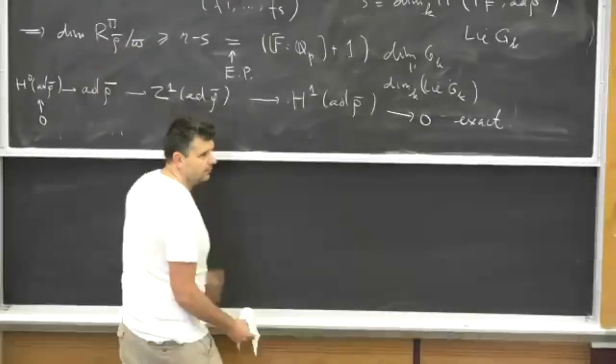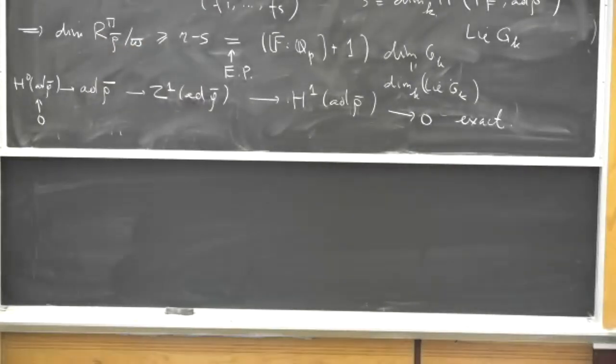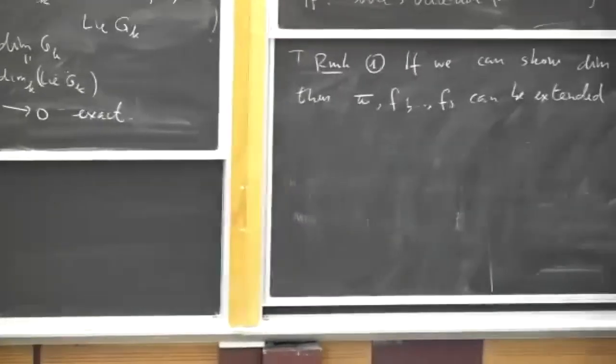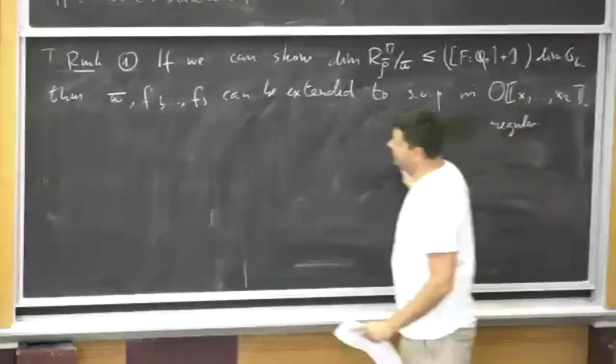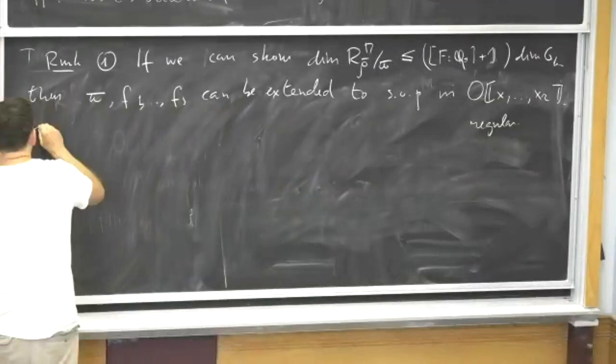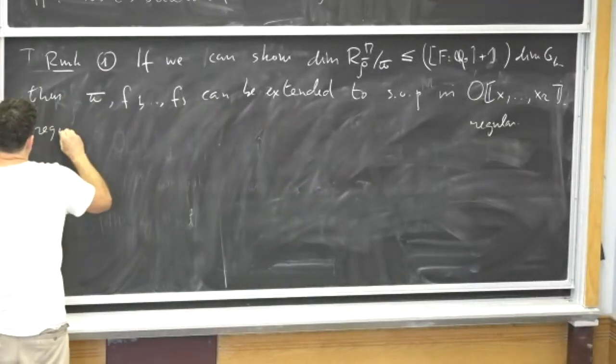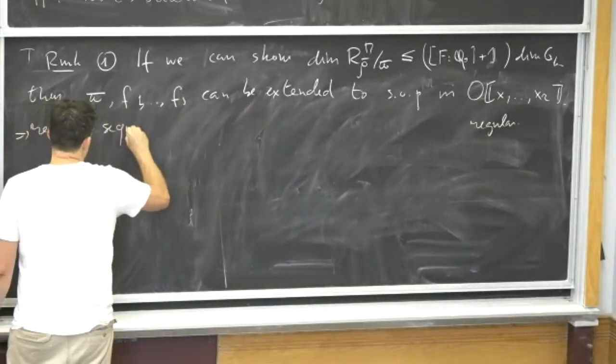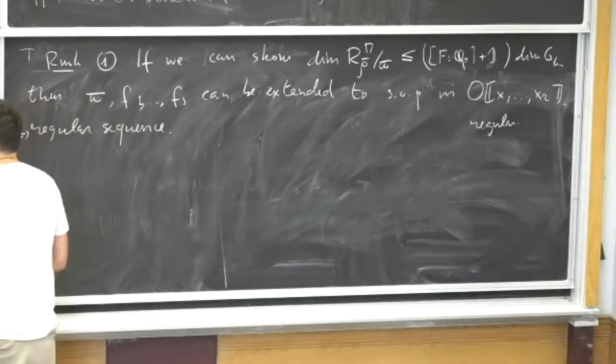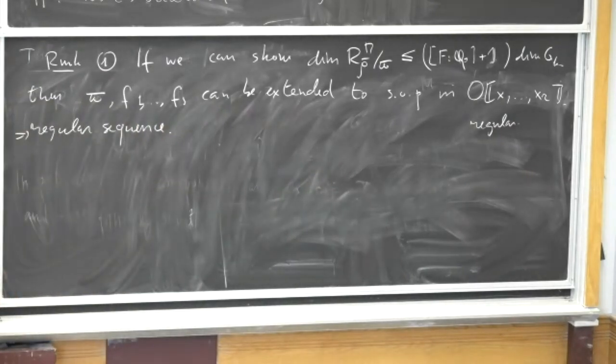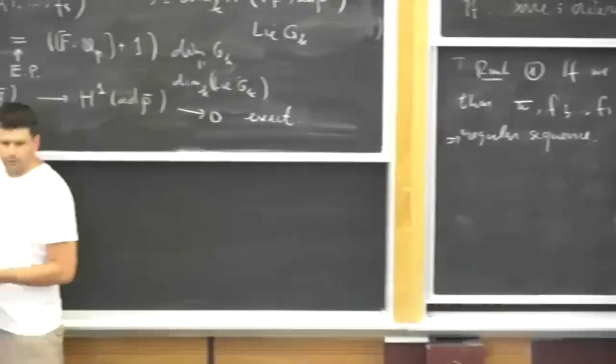You just pick a system of parameters. But this ring is regular, so this means they're part of a regular sequence. And then by definition, you can deduce that this is a complete intersection.